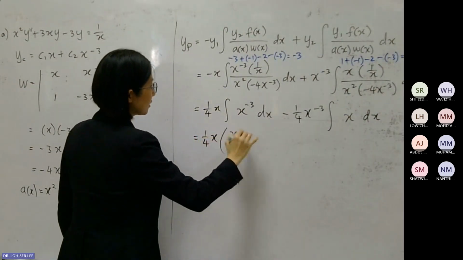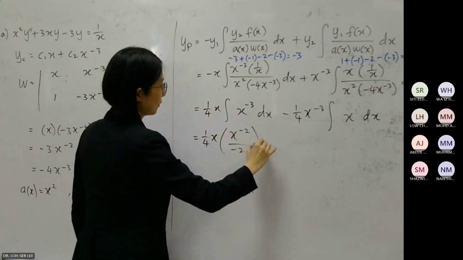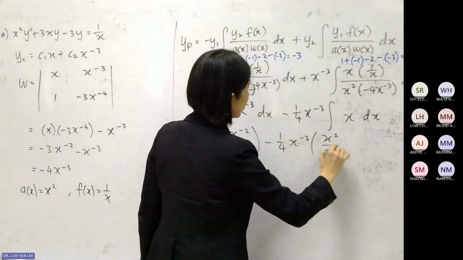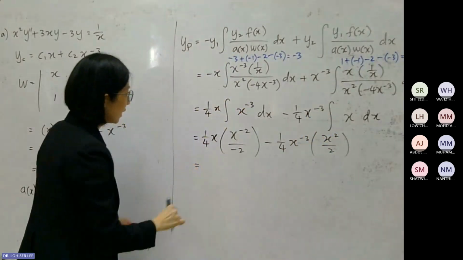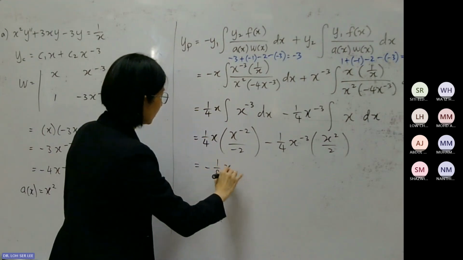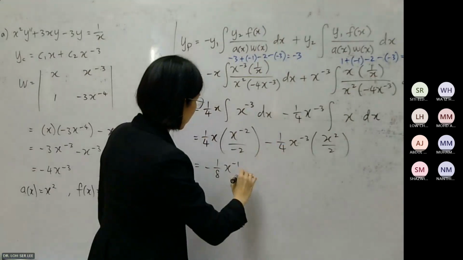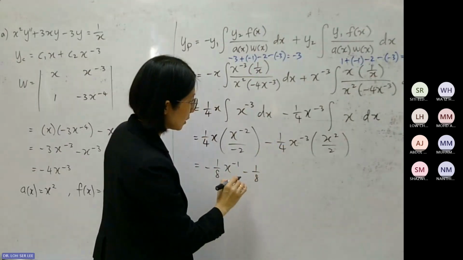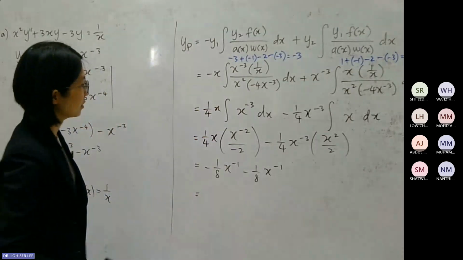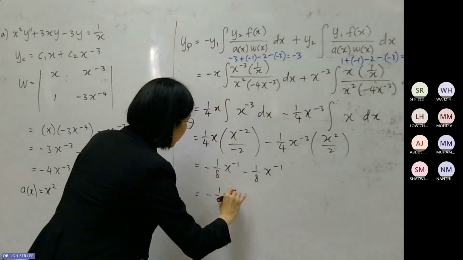Okay, so x power plus 1. Power plus 1. Simplify. -1/8 x power of -1 minus 1/8 x power of -1. So this means you have -1/4 x power of -1.